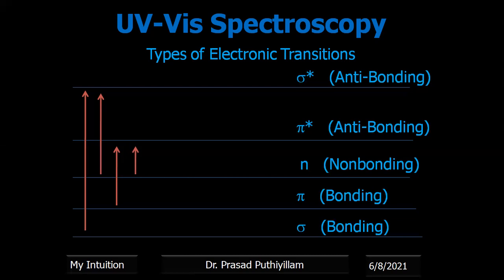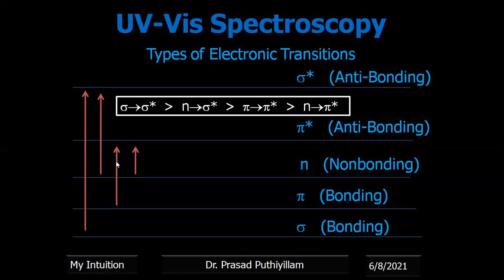So these four transitions are mainly seen, and from this picture itself it is clear that the first one, sigma to sigma star, requires the highest energy for this transition. The second one, n to sigma star, requires the second most energy absorbed. Then pi to pi star, and last it is n to pi star.